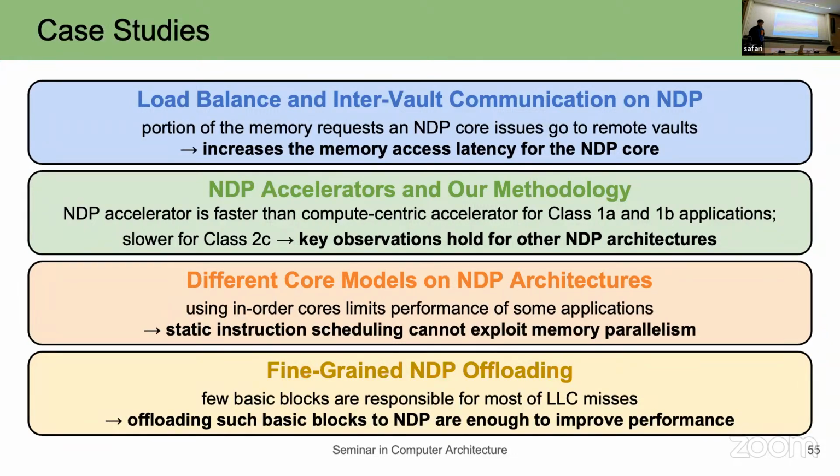The last case study is about fine-grained NDP offloading. It's found that only a few basic blocks are responsible for most of the last level cache misses. So one could offload only such basic blocks to an NDP system to improve performance quite a lot.